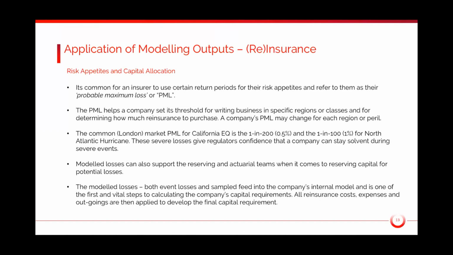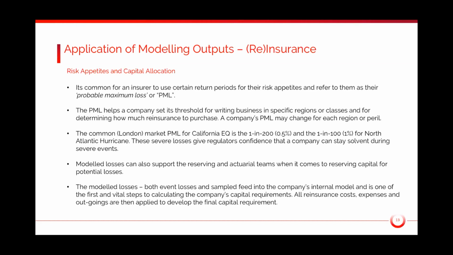Model losses from CAT models also help support the reserving and actuarial teams, certainly when it comes to reserving capital and putting aside capital to cover potential losses. These model losses are the first steps in the company's exercise of developing their final capital requirement.